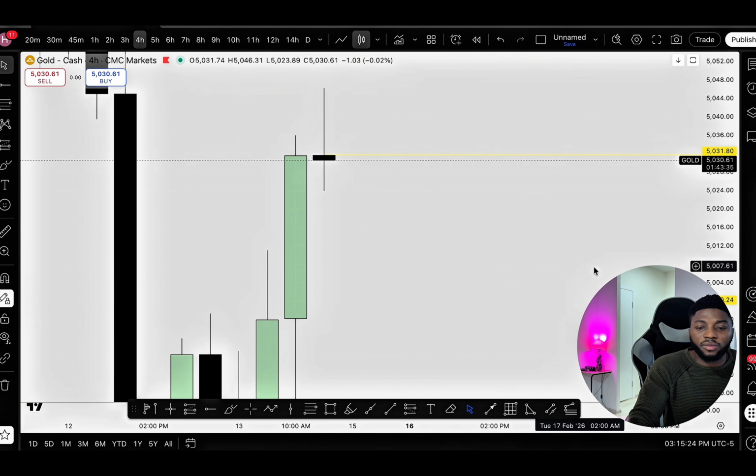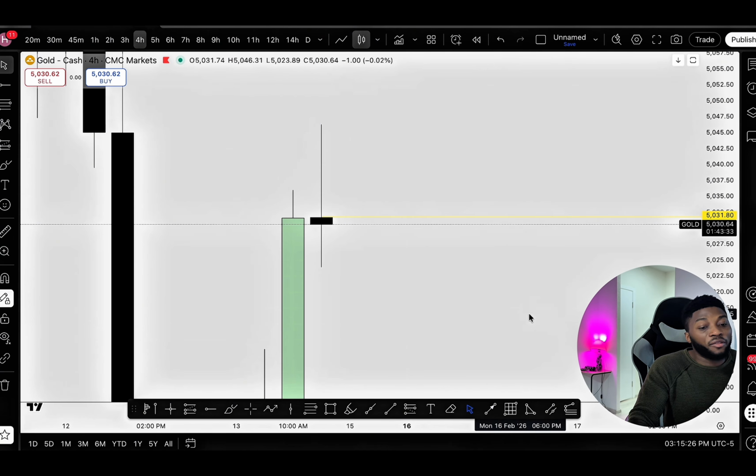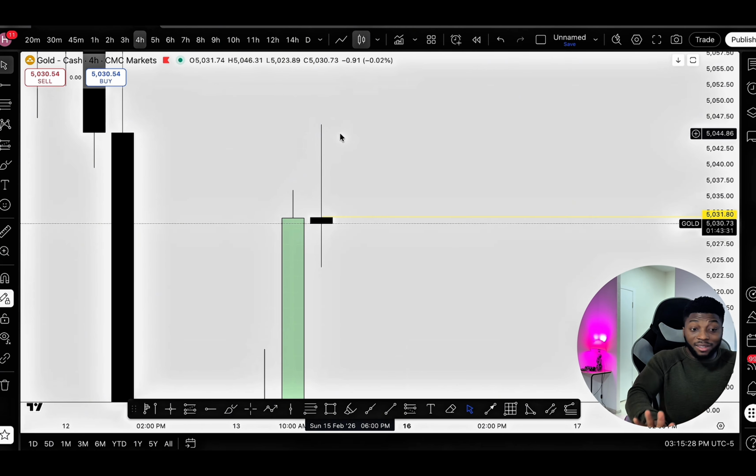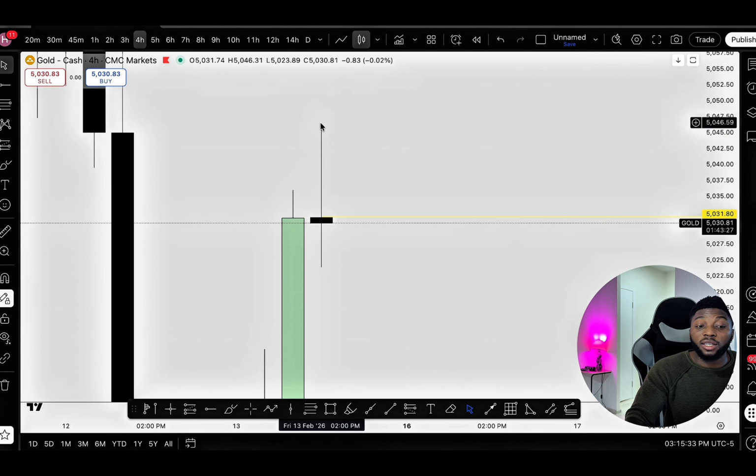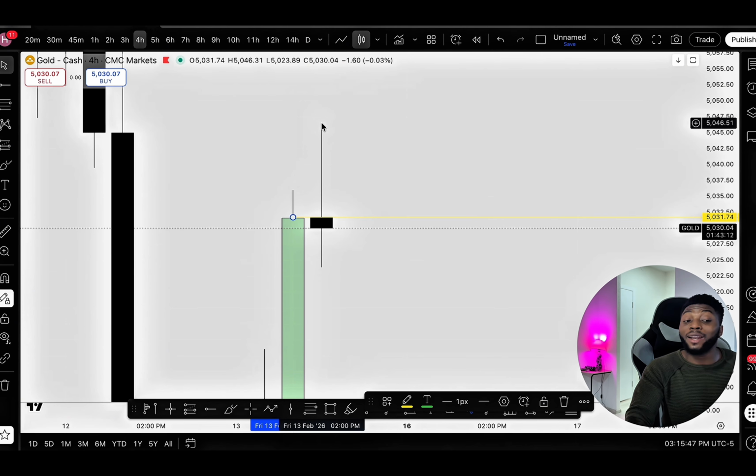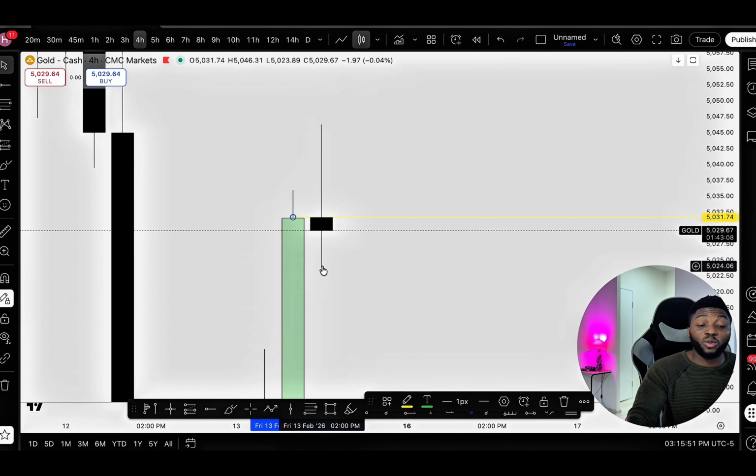That's the only thing that is set for now. This is the opening now, and this is going to remain the opening. That's what I actually need to tell you guys. There is no way this opening is going to change. But this highest point, for now, this is the highest point. And for now, this is the lowest point.